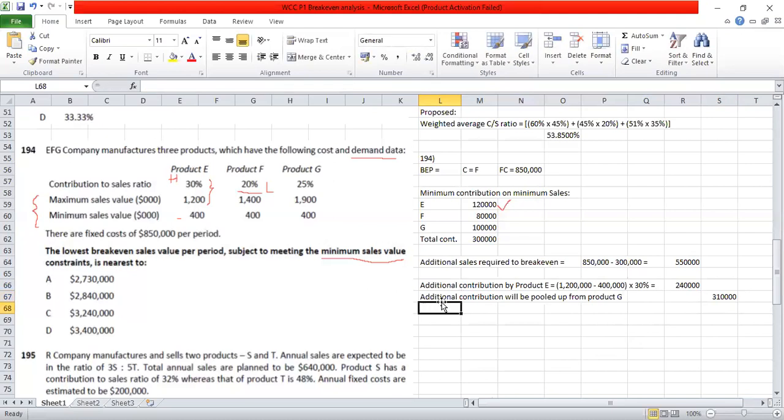We already got that. So, now decide on the product mix. How many units of product? Now, already we have decided, keeping this minimum sales constraint as it is.